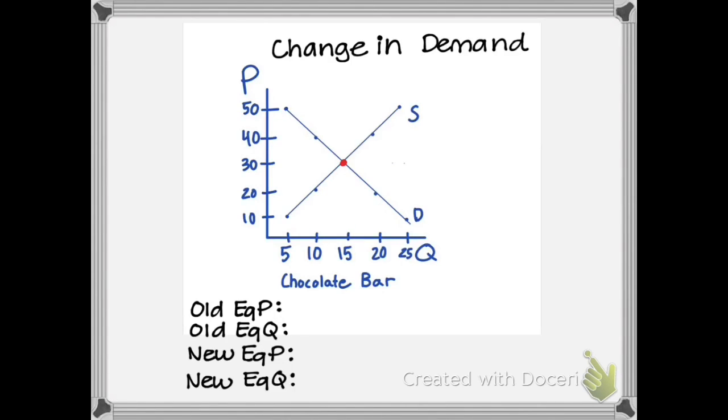I'm going to go horizontally from the price to see what the equilibrium price is, and vertically to find the old equilibrium quantity. In this case, the old equilibrium price is 30 and the old equilibrium quantity is 15.